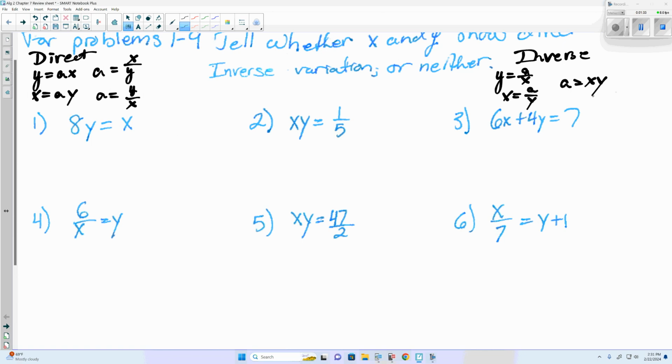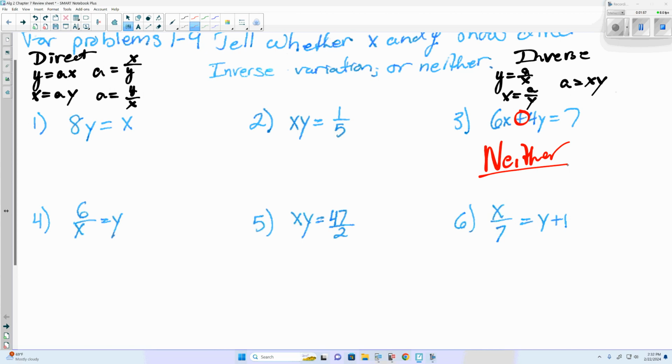Now, one of the giveaways of it being neither one of these is addition or subtraction. So number 3 is neither because it has addition. So for these first 6, if there's addition or subtraction at all in the equation, it is neither.